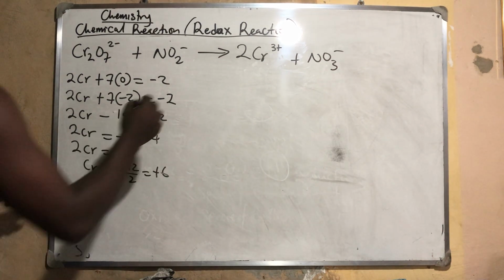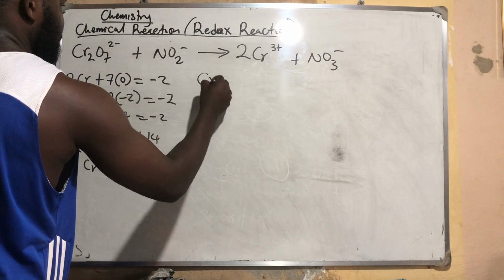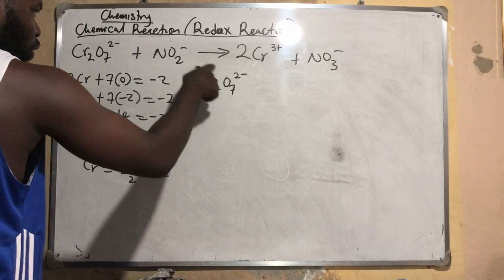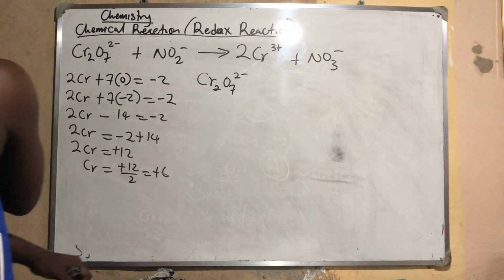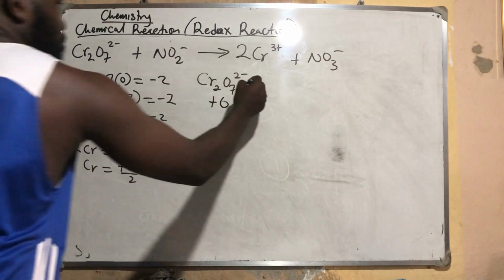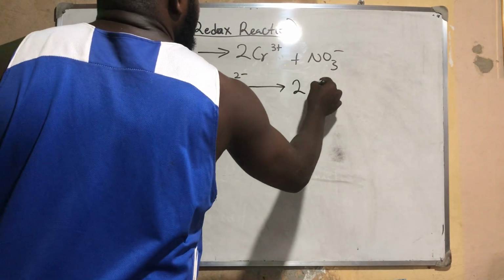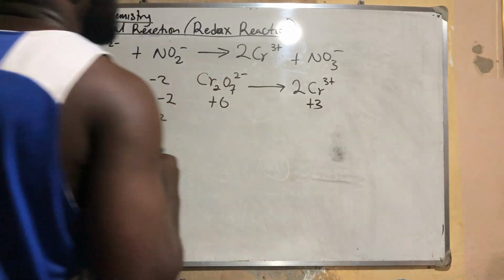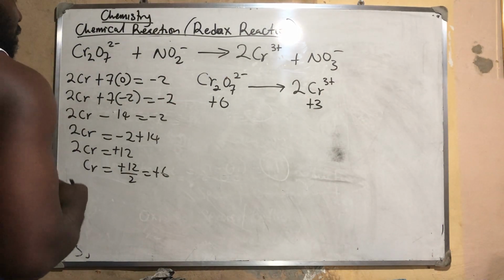You see what happened here? In Cr2O7 2 minus, the oxidation number of Cr is plus 6. But moving to this side, it gave us 2Cr 3 plus, so here it is plus 3. So let us now check the oxidation charge.